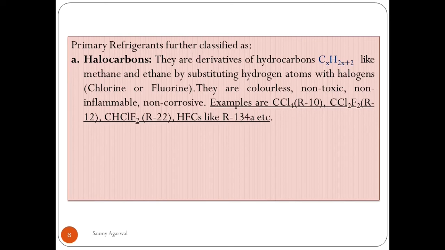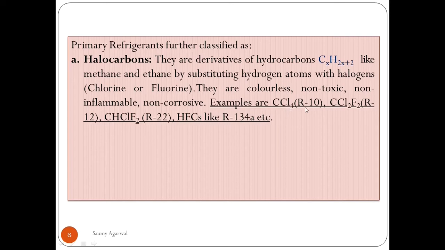Okay, so halocarbons are the derivatives of hydrocarbons by substituting hydrogen atoms with halogens, which are chlorine or fluorine. So what we do is substitute hydrogen with chlorine and fluorine. So these are colorless, non-toxic, non-inflammable, and non-corrosive.